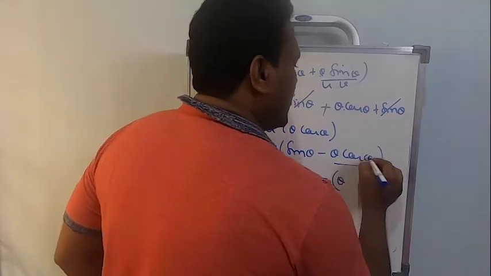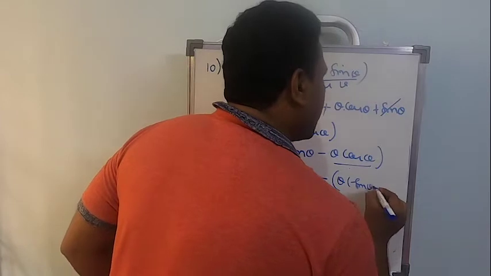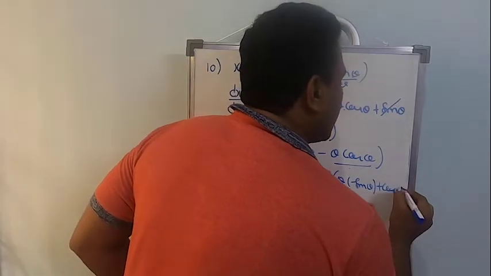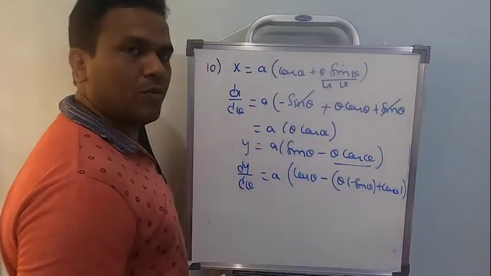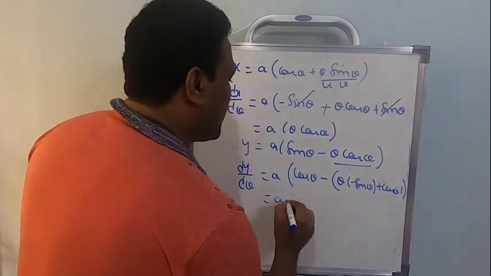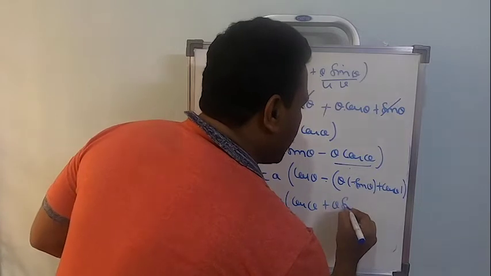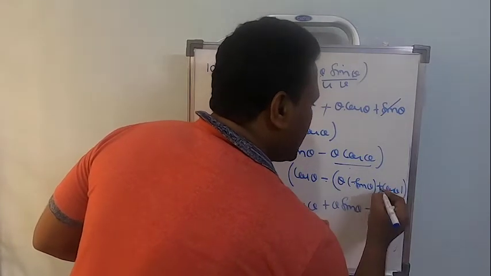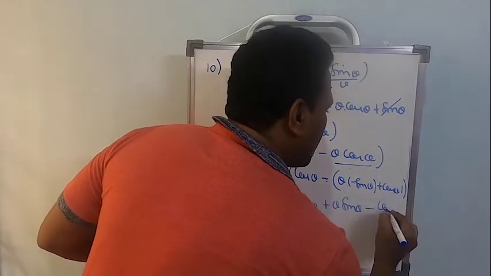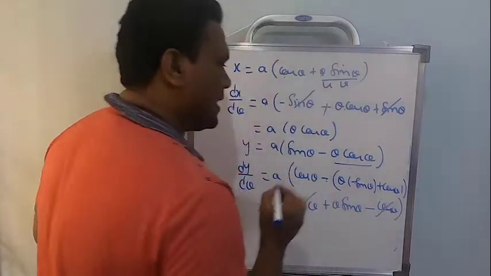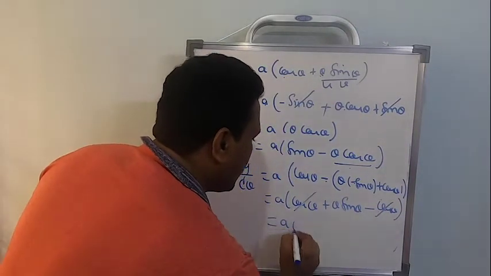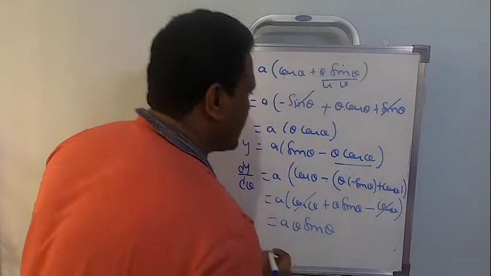Theta multiplied by differentiation of cos, which will be minus sin theta, plus cos theta, and differentiation of theta will be 1. So let's simplify a bit. Cos theta, minus into minus will be plus theta multiplied by sin theta, minus into plus will be minus cos theta. Eliminate this, the remaining is a theta multiplied by sin theta.